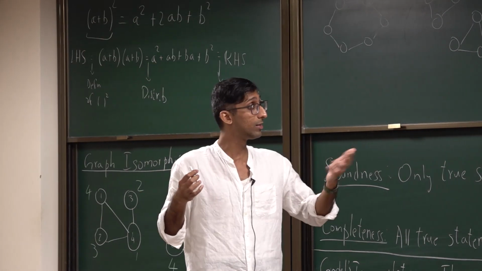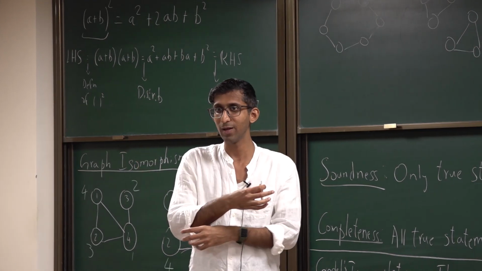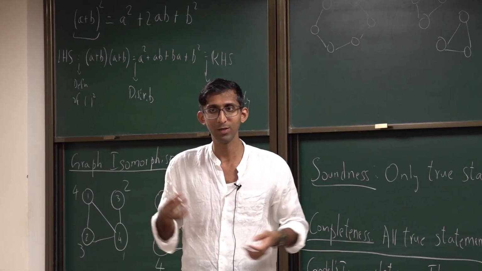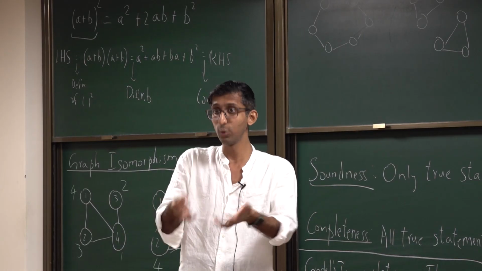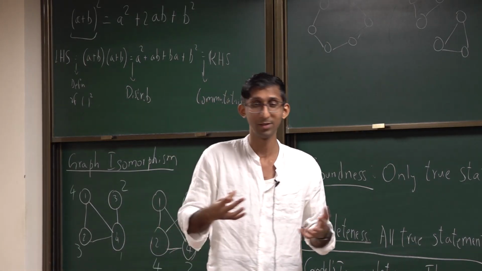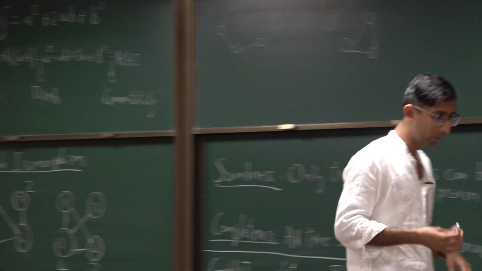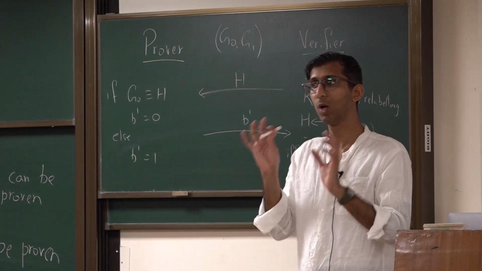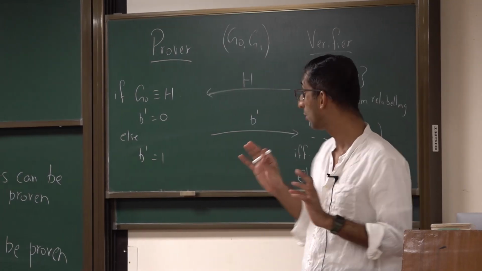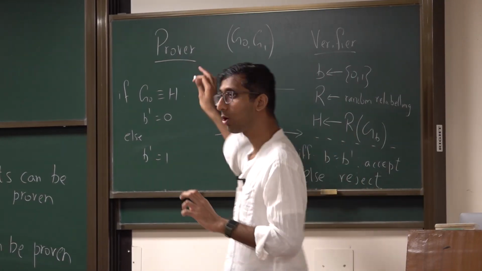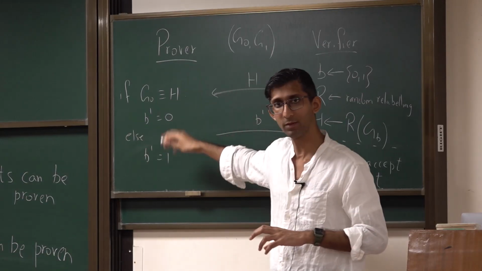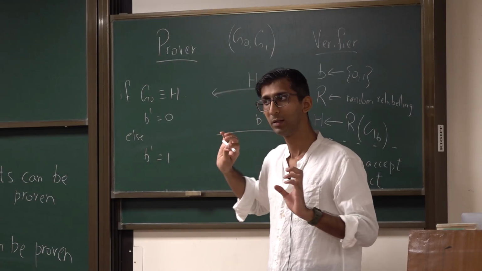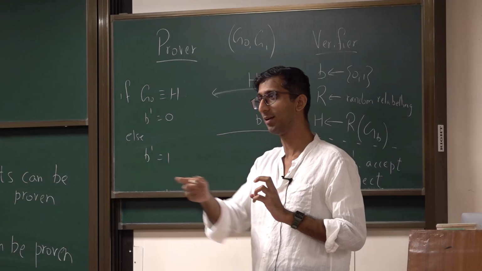Imagine, like the example from before, a third-party service trying to convince you that the statement is correct. What you have to say is that it doesn't matter what it tries, it should not be able to convince you. It doesn't matter what algorithm the prover runs, it may be different from this, it can do whatever it wants, it should not be able to prove that it's correct.